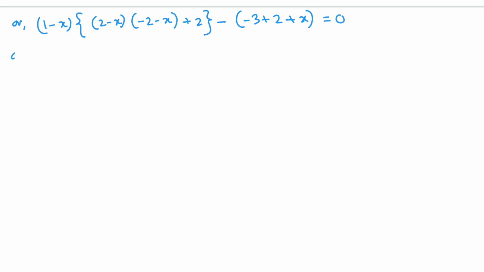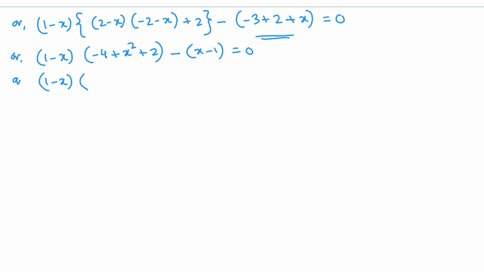Okay, so if I simplify this, we are getting (1 minus x) into (minus 4 plus x square) plus 2 minus, from here, x minus 1. This is equals to 0. So obviously we are getting (1 minus x) into (x square minus 2), minus, if I take common minus 1, so this will be plus (1 minus x). This is equals to 0.